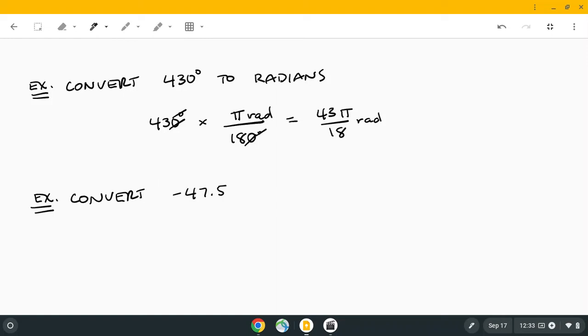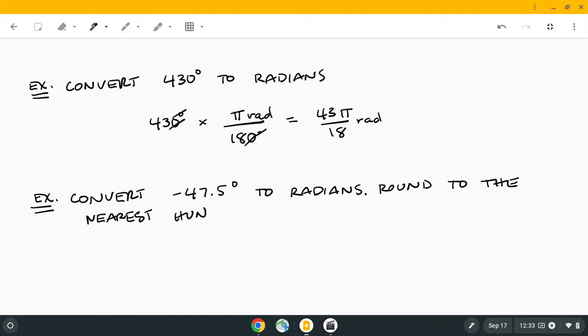Convert negative 47.5 degrees to radians. And let's go ahead and round to the nearest hundredth.